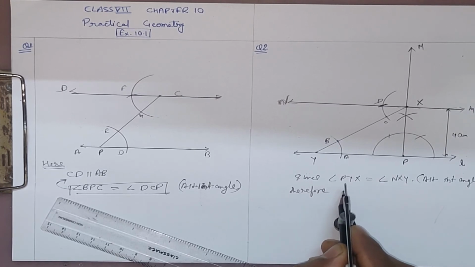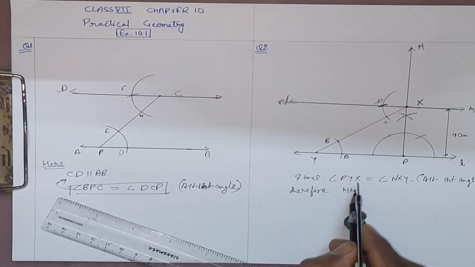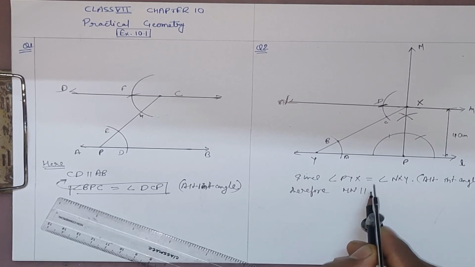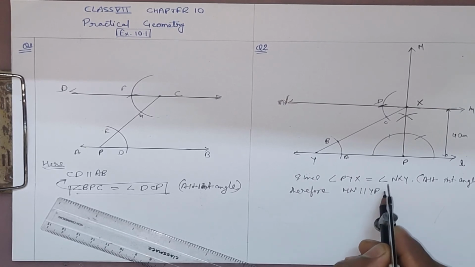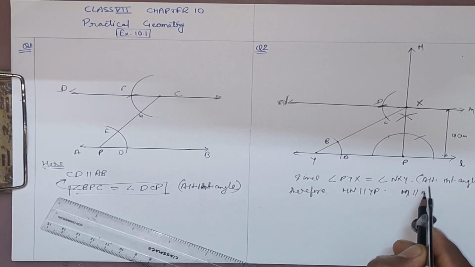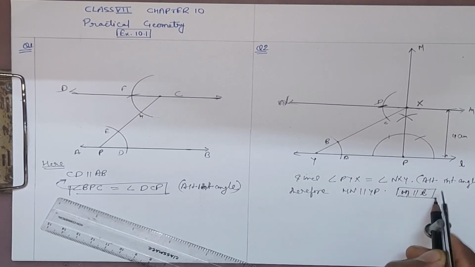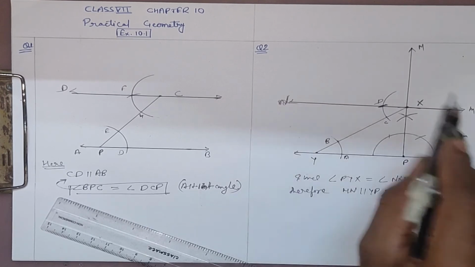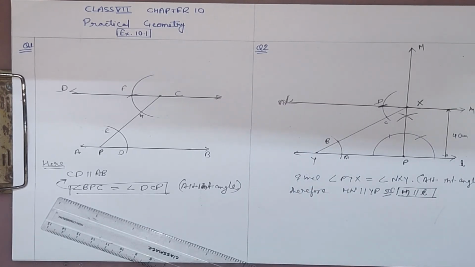Therefore MN is parallel to YP, or line M is parallel to line L. Whatever you want to label it, it's totally up to you.